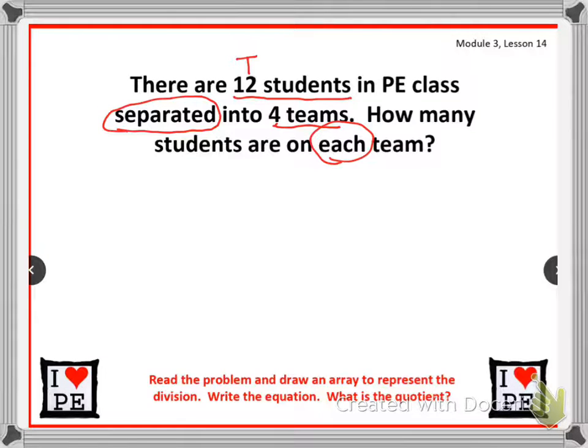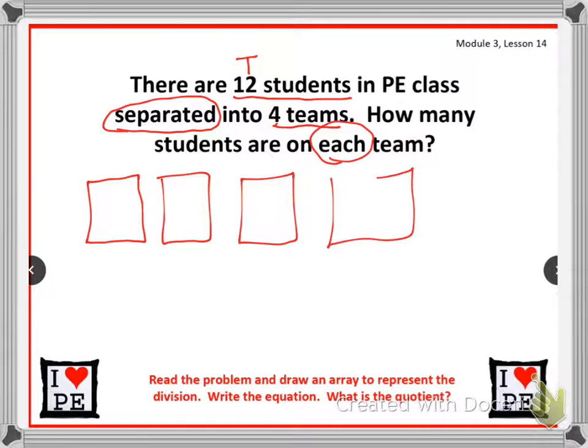So let's make our 4 groups. We're going to draw this: 1, 2, 3, 4. And we have to spread 12 students apart across these 4 groups. So we've got 1, 2, 3, 4, 5, 6, 7, 8, 9, 10, 11, 12.